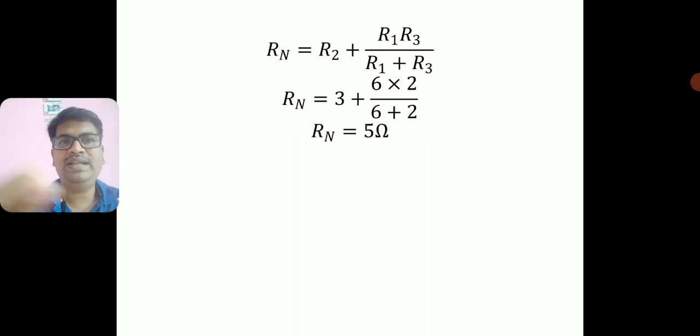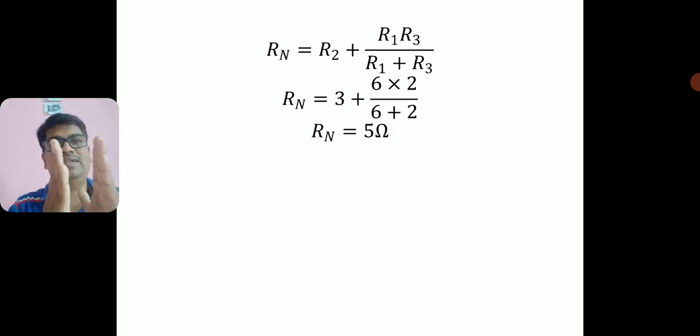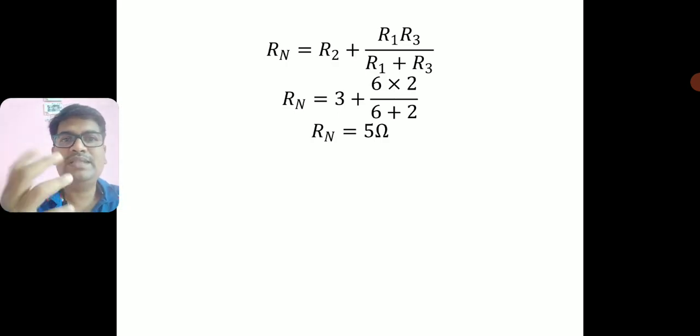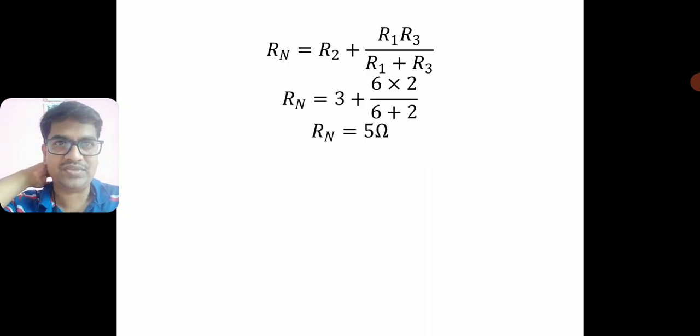Otherwise, if you want to complete it, you write a circuit with IN in parallel with an RN, along with the load resistor connected. That means a Norton's equivalent network to that complex network.